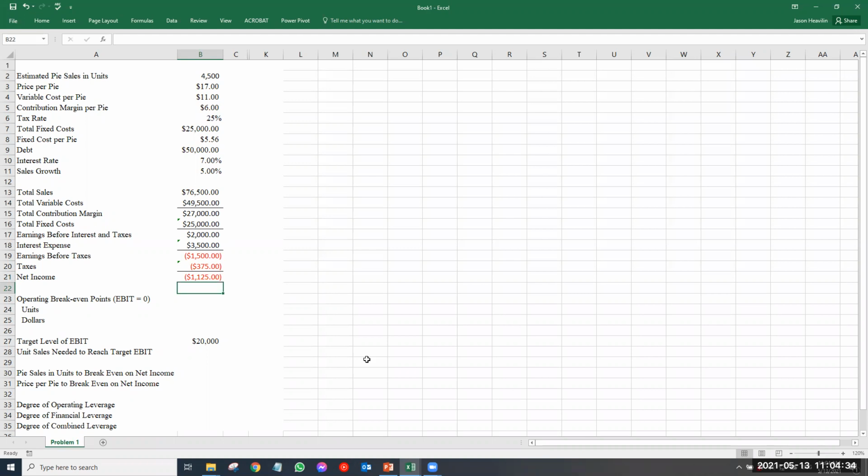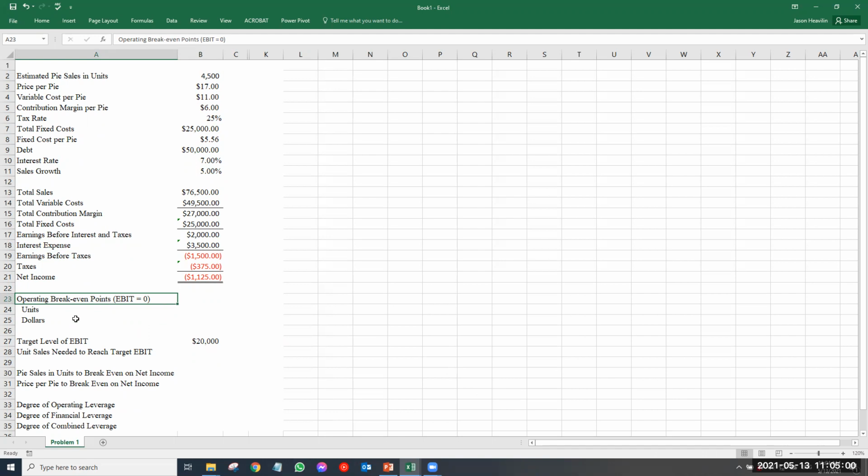So now, let me start by finding the lowest my sales can go in units before this starts becoming negative, because this is an important number, operating income. I want to know my break-even of operating profit, which means when EBIT equals 0.